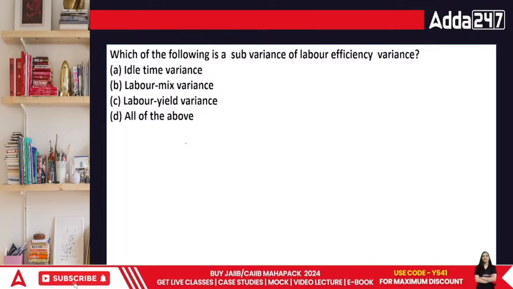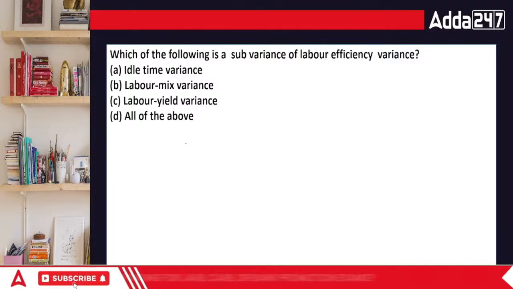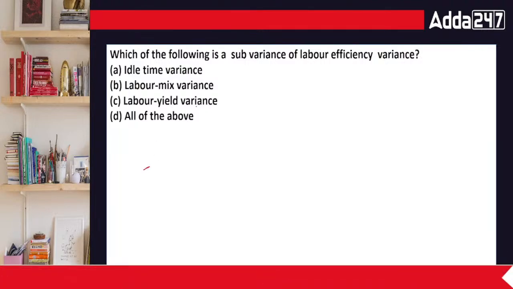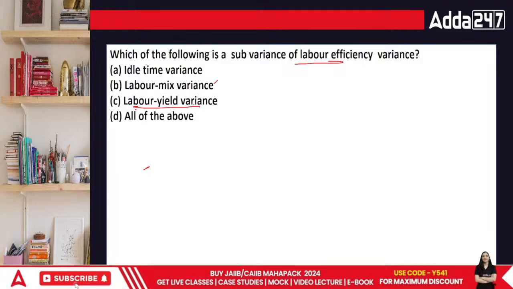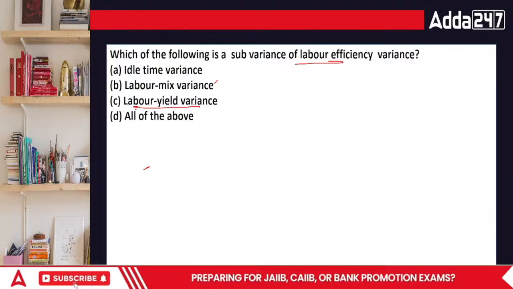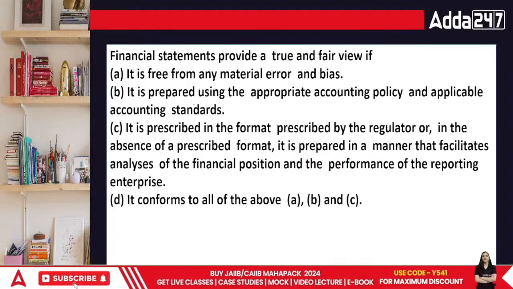Labor mix variance is a part of it. In terms of efficiency, it is only labor yield. That is correct now. Idle time variance is the different one. For how much time the organization people are absolutely free is related to labor idle time variance. So this is also correct.